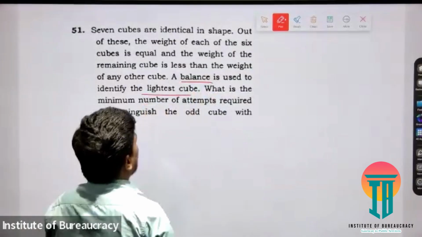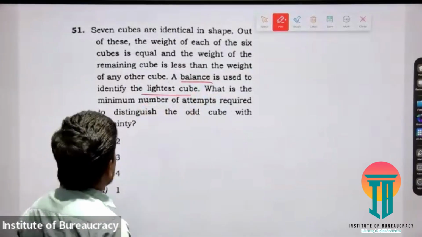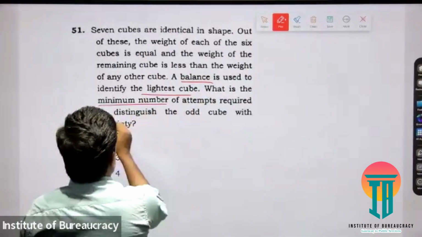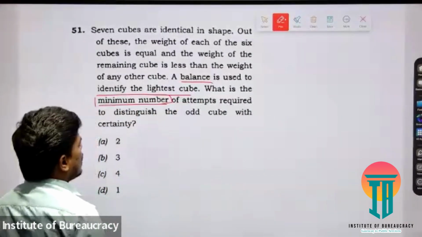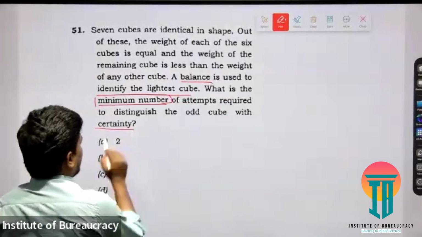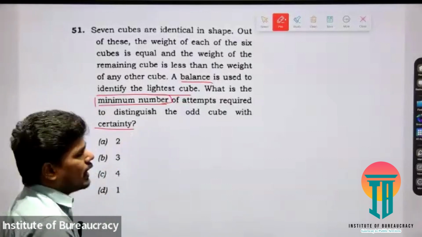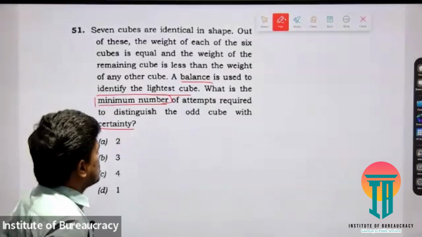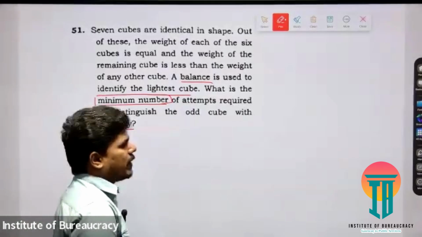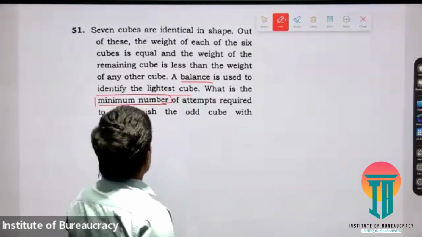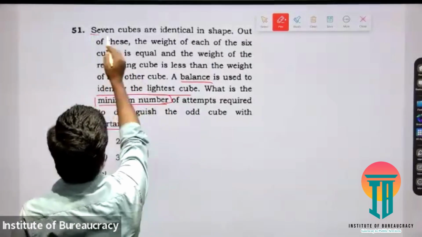Identify the lightest cube. What is the minimum number of attempts required to distinguish the odd cube with certainty? How many attempts do you have to make to identify that? Totally, 7 cubes.